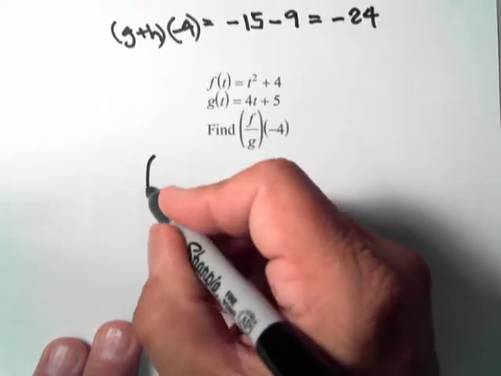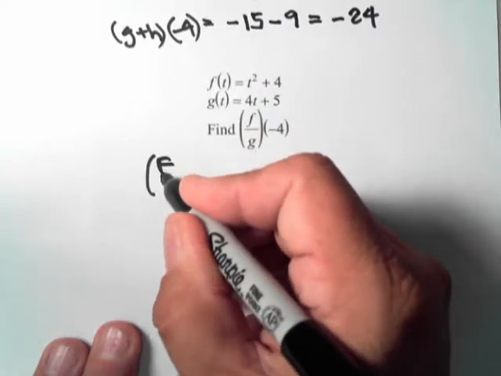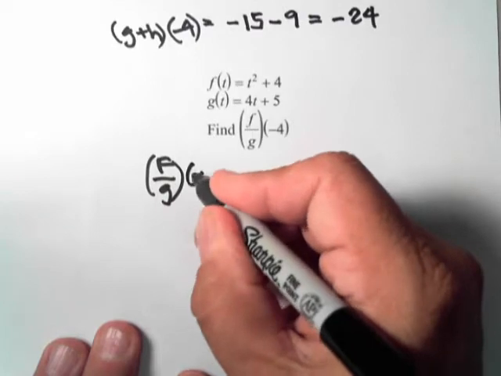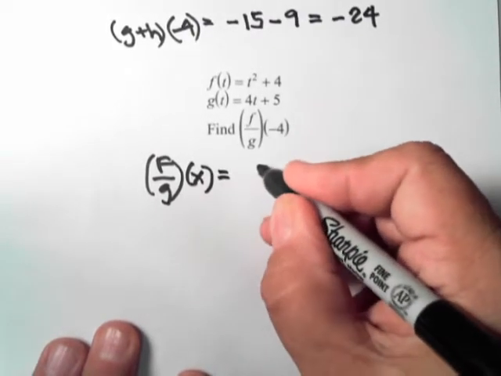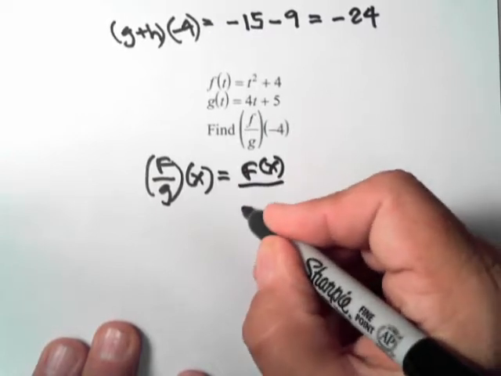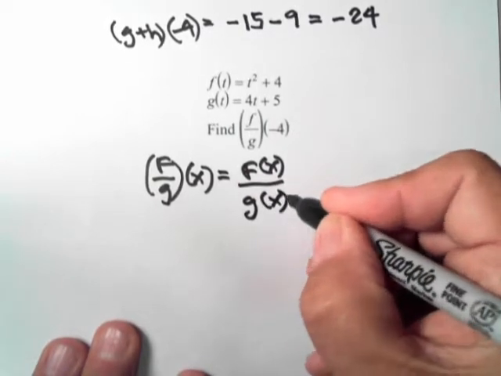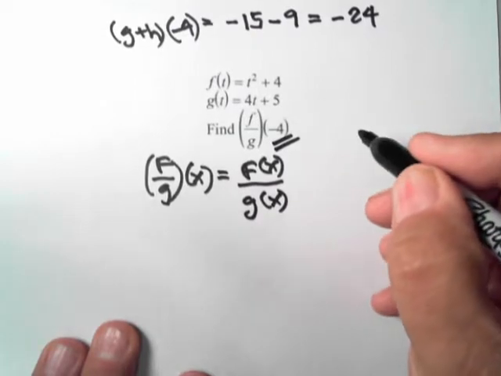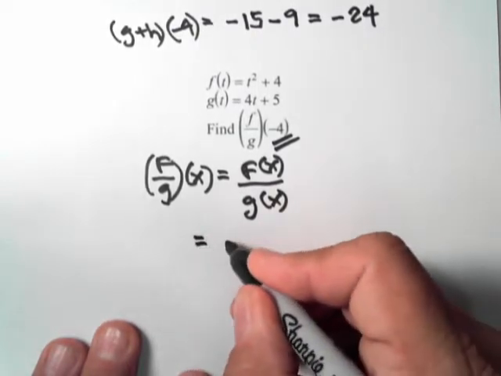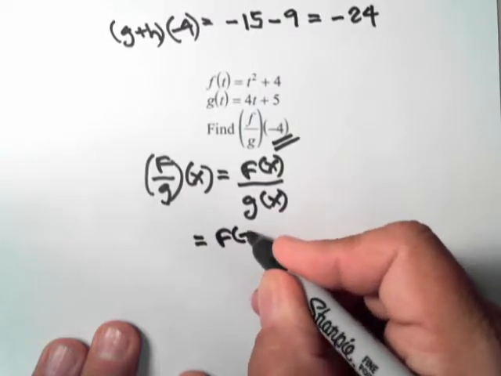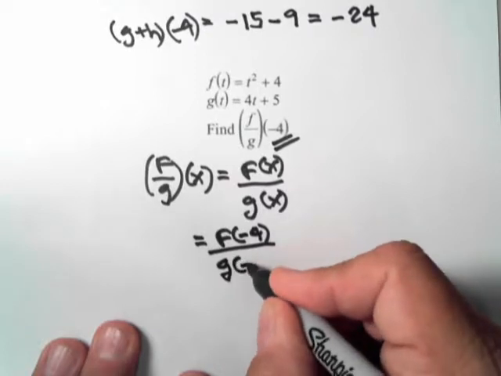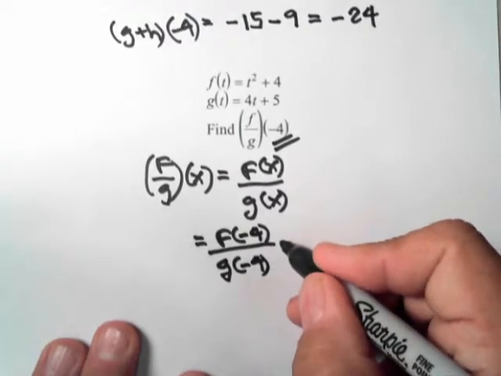So remember then, if we first go f over g of x, that reminds us then that what we got here is f of x on top and g of x on the bottom. But of course we want negative 4. So that means that what we got here is f of negative 4 upstairs and g of negative 4 downstairs.